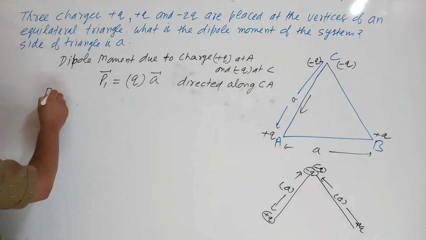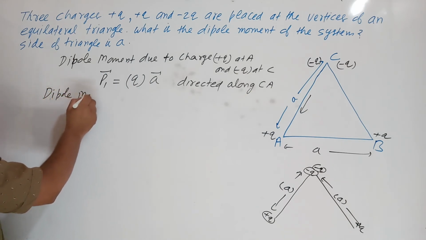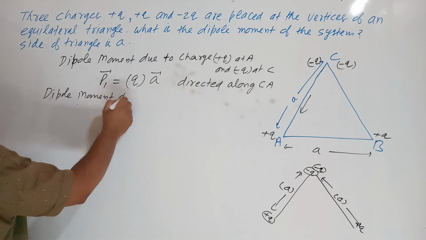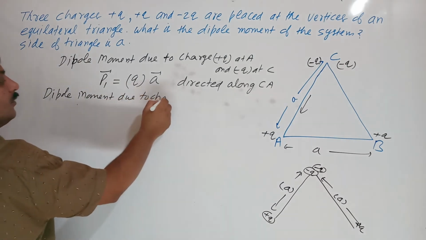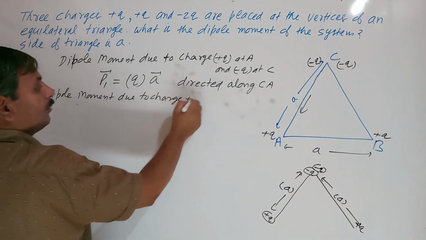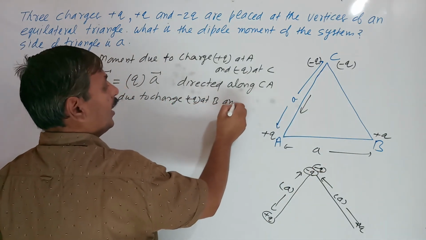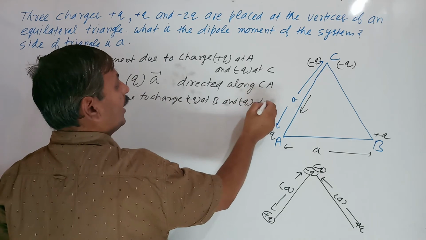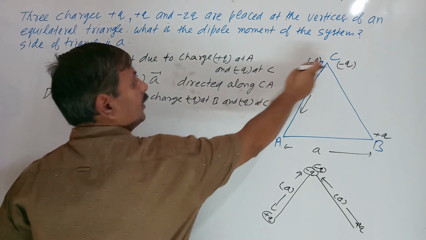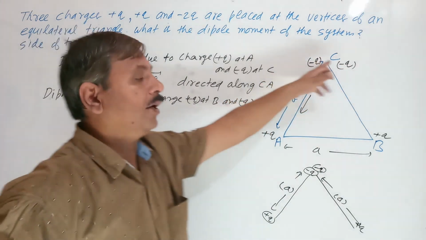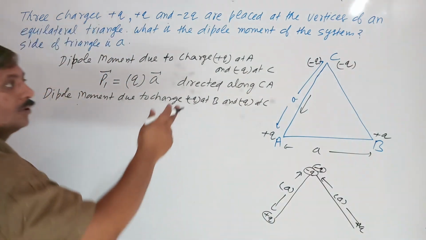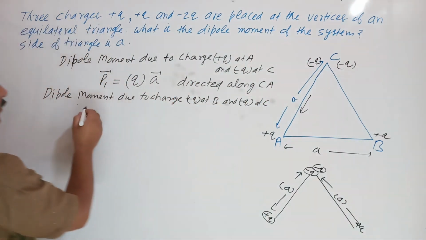Same way, the dipole moment due to charge plus Q at B and minus Q at C. This minus 2Q charge I have taken and broken into two parts, minus Q and minus Q. So this will be P2.